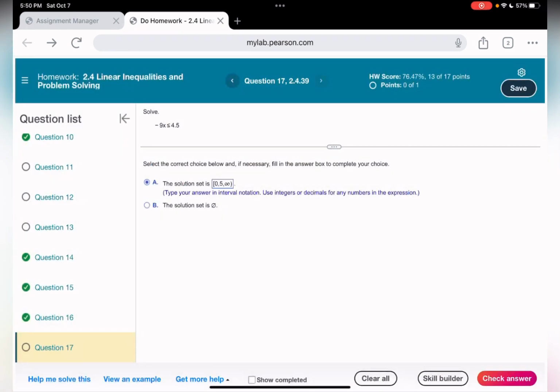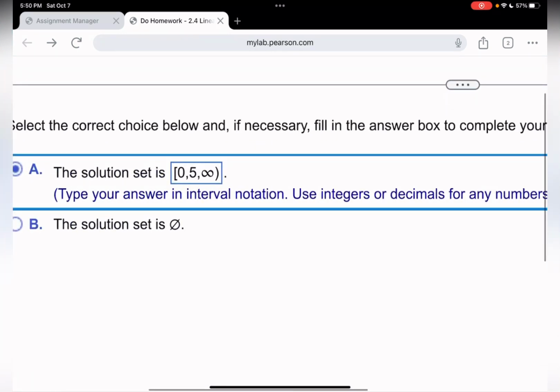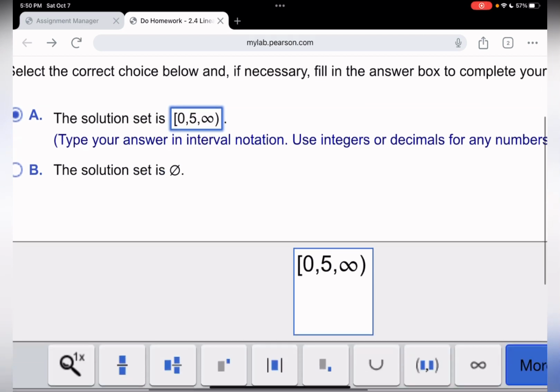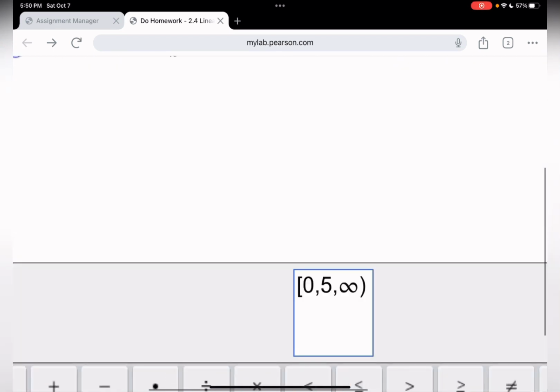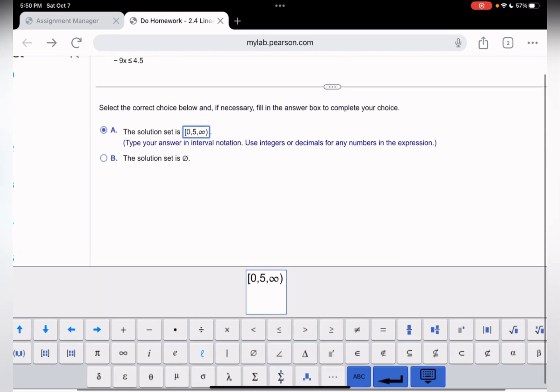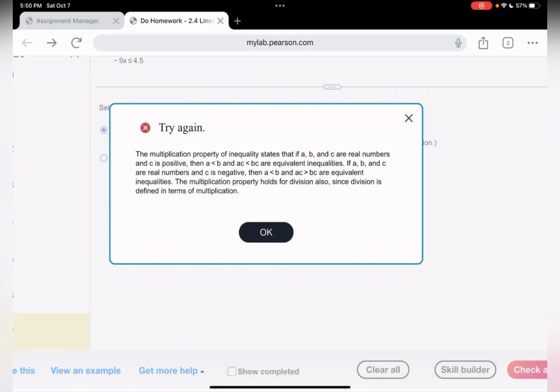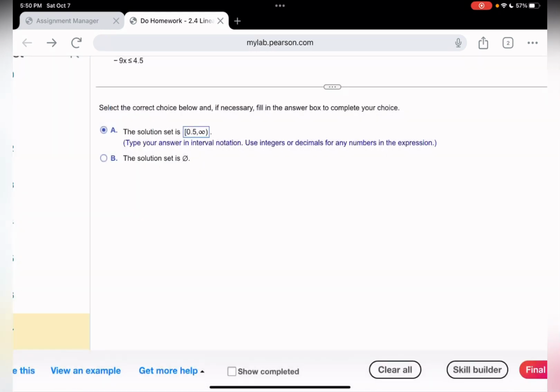What is wrong? What did we do this time?